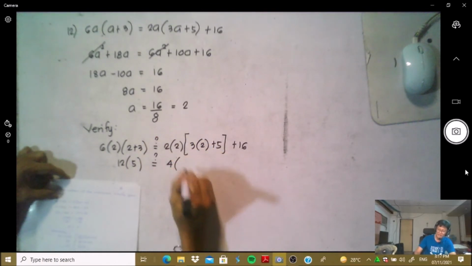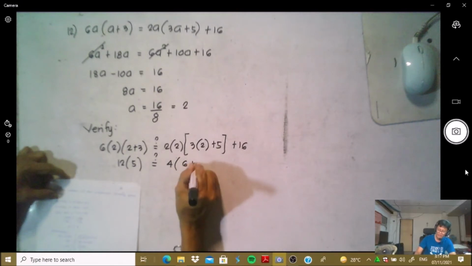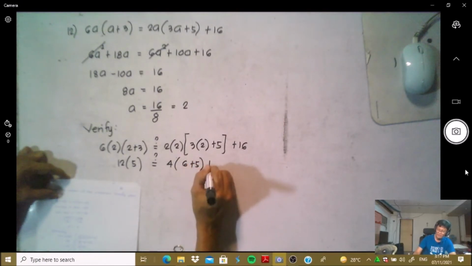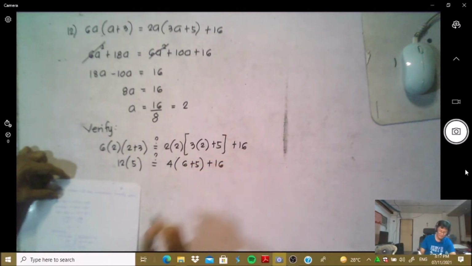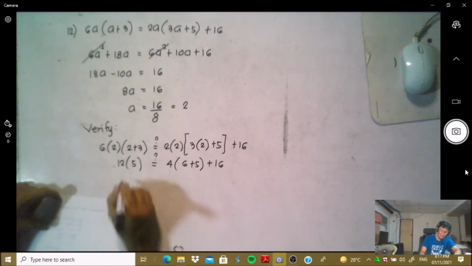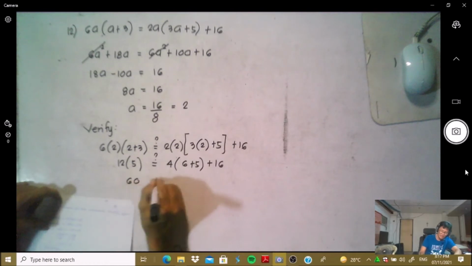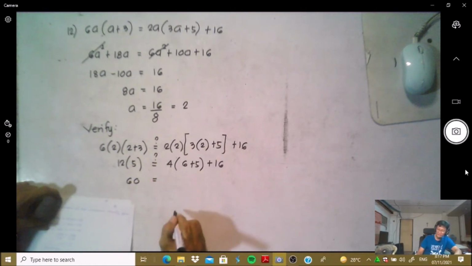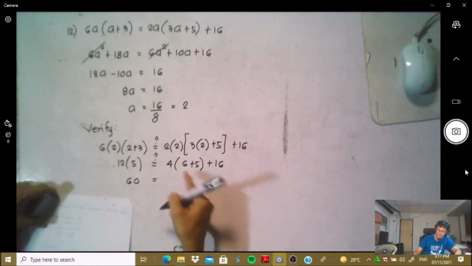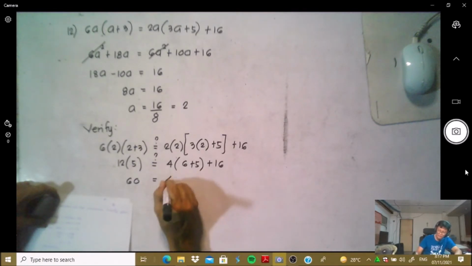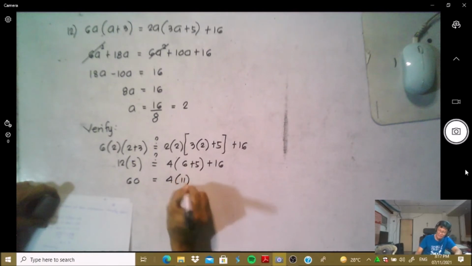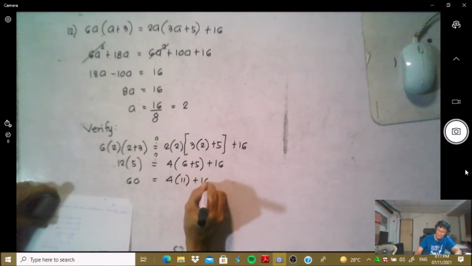Then 3 times 2 is equal to 6 plus 5, plus 16. Okay, 12 times 5 is equal to 60. And we have here 4 times 11 is equal to 44. 6 plus 5 is equal to 11. So we have 4 times 11 plus 16.